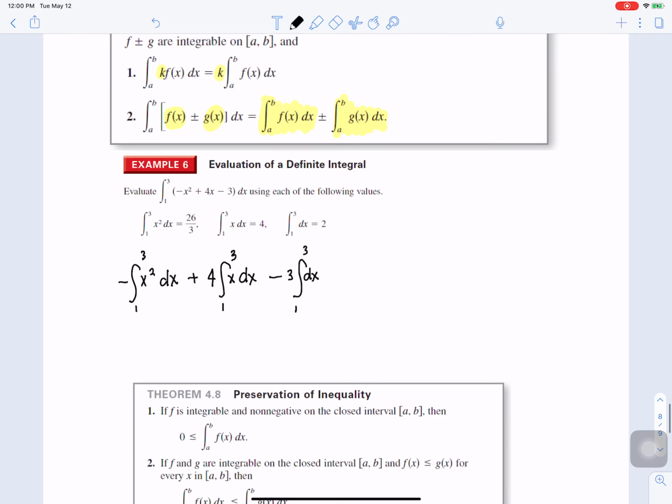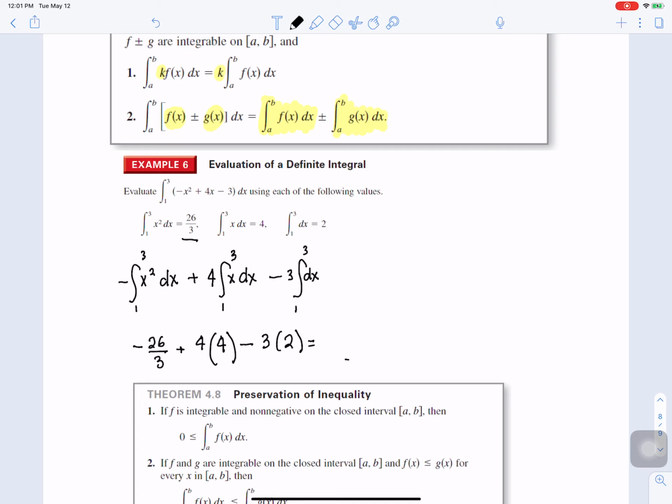Okay, so we know that the integral from 1 to 3 of x squared dx is 26 over 3, so this would be negative 26 over 3, plus 4 times the integral from 1 to 3 of x dx, which is 4, so this is 4 times 4, minus 3 times the integral from 1 to 3 of dx, which is just 2.